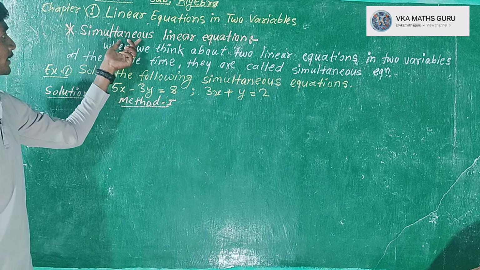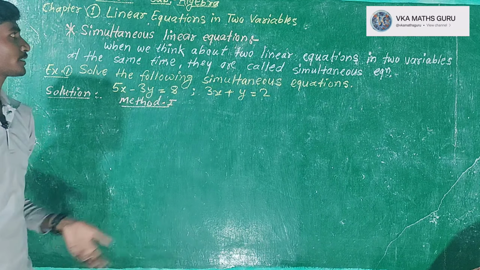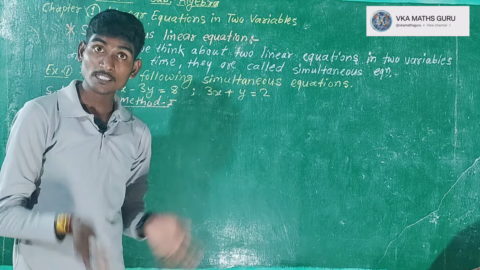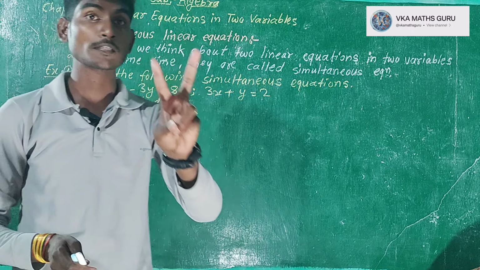What is meant by the simultaneous linear equation? A simultaneous linear equation is nothing but having two linear equations at the same time and solving that problem.